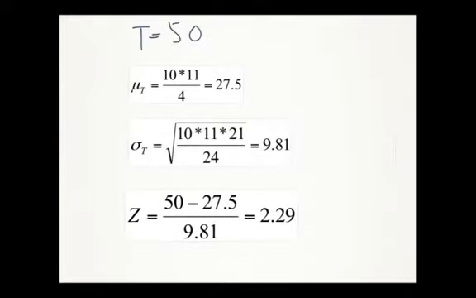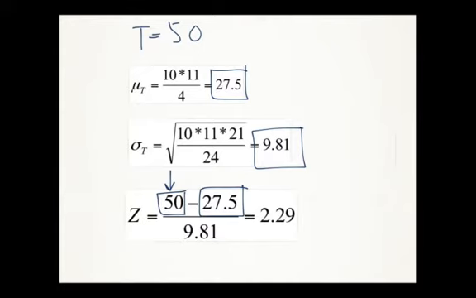We take t, which we said is 50, subtract off mu sub t, the 27.5, divide by sigma sub t, 9.81, and then we get 2.29 as our approximate statistic. Okay, that's a z statistic, the standard normal, and so we can get a p-value by looking at corresponding normal tables.